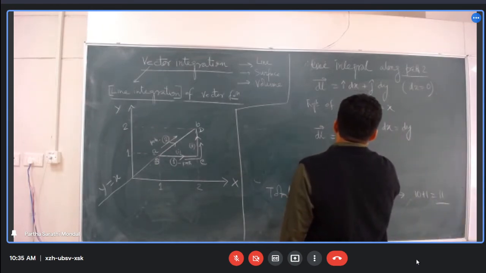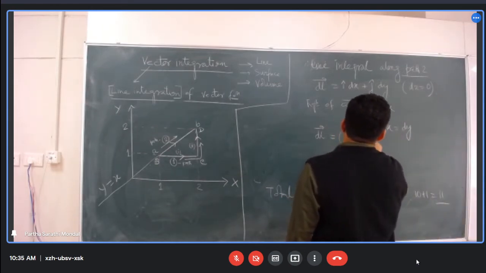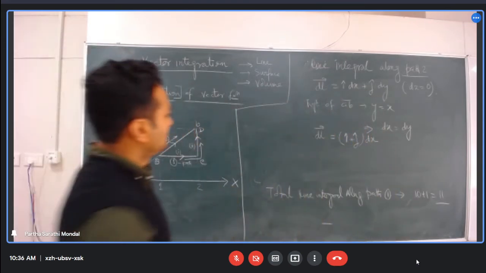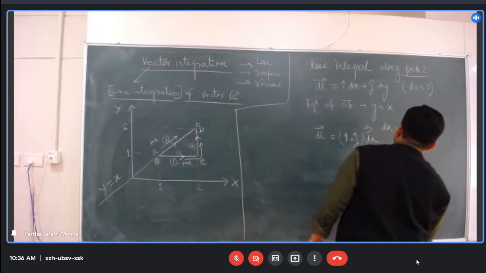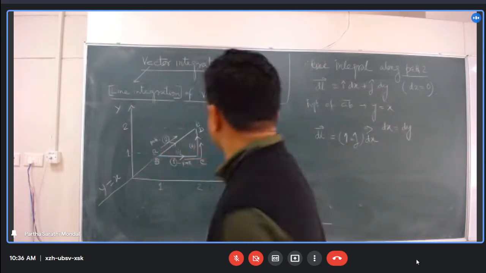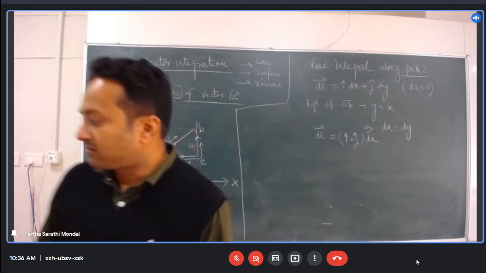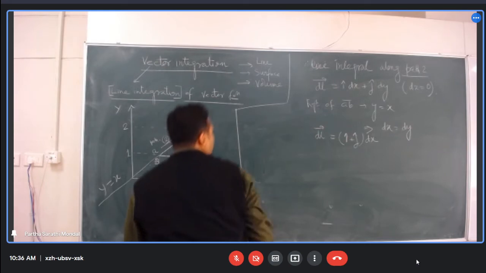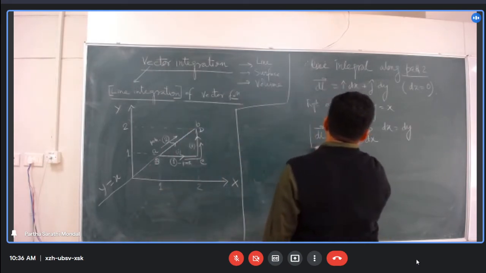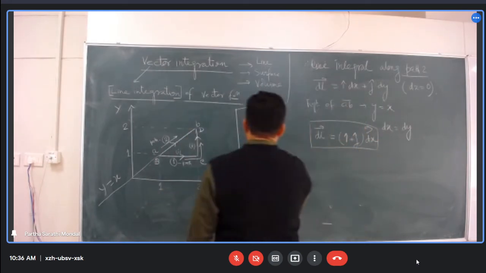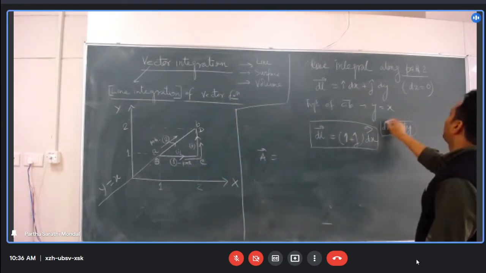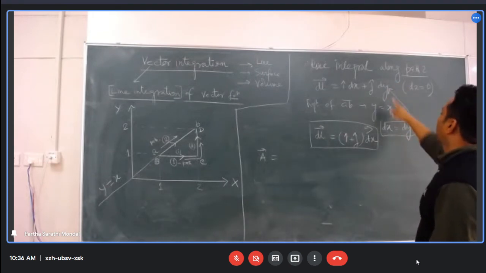i plus j into dx. Now we will calculate. So you got dl as i plus j dx, since dx equals dy. I will put this here.